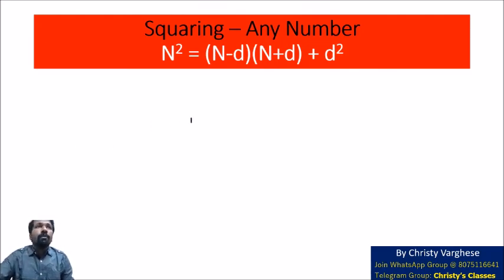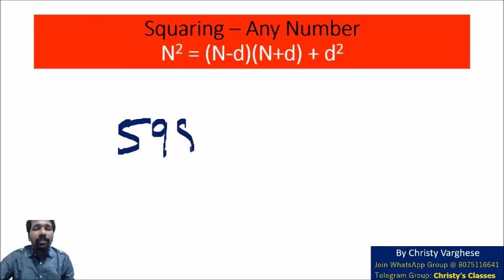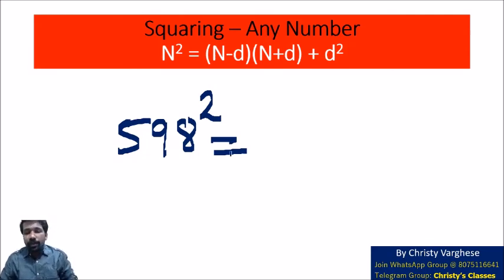So I will give you one more example to try. Can you find 598 square with this method? All of you try it. 598 square with this method.